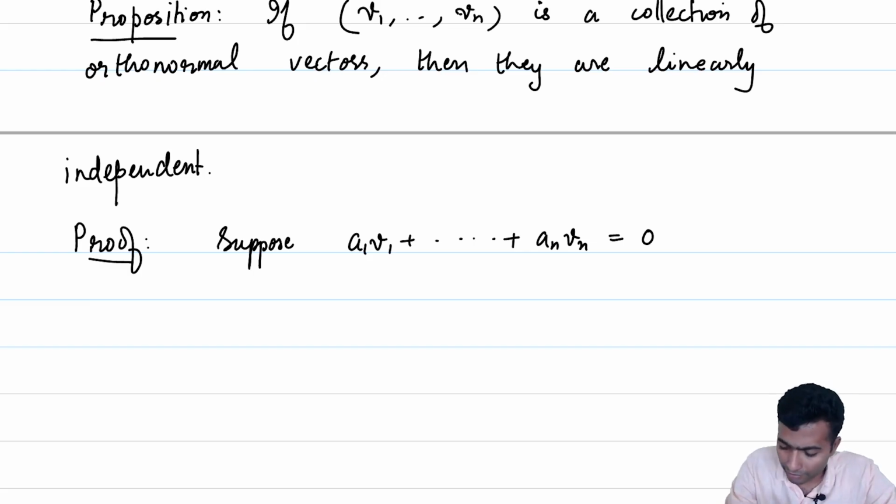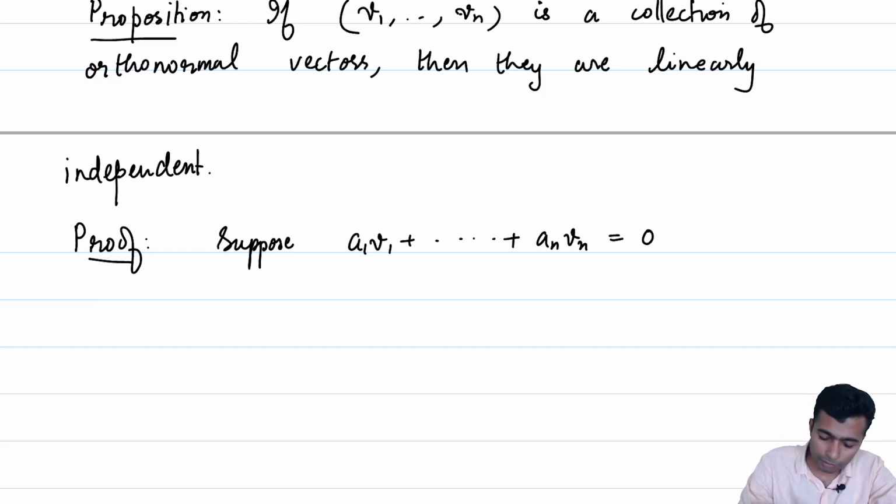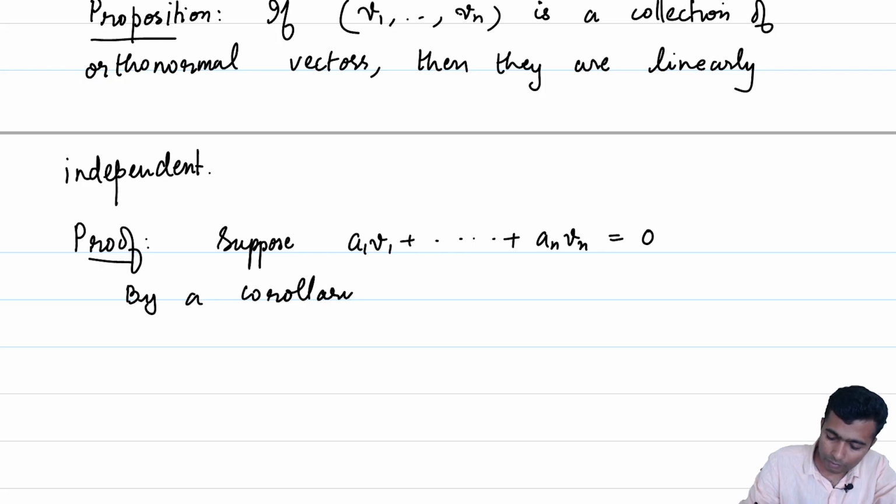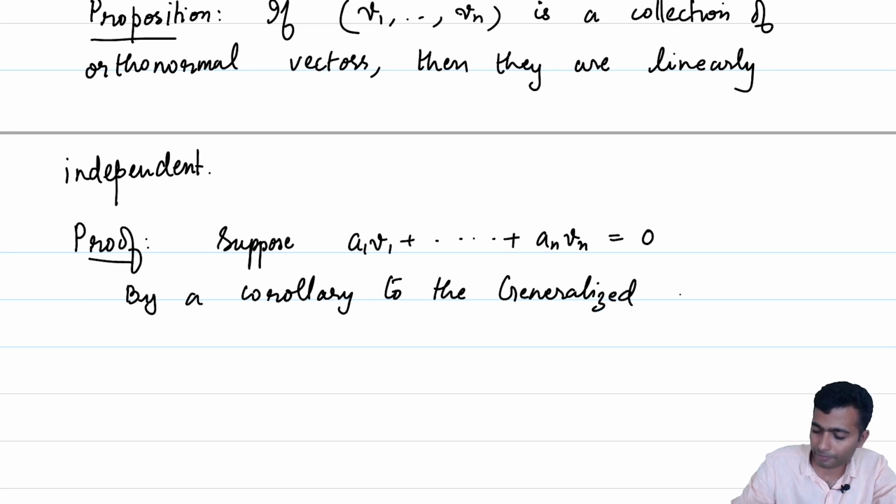Alright, so suppose we have a linear combination which is equal to 0. Let's use the corollary to the generalized Pythagoras theorem from last week.